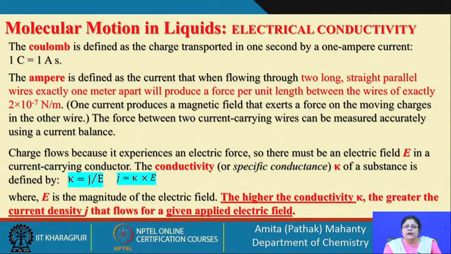So, the higher the conductivity, the higher will be the current density. That means more charges are going to be flowing per unit area, per unit time.